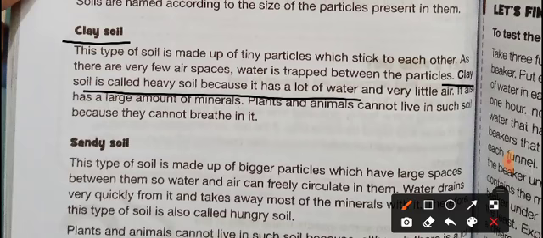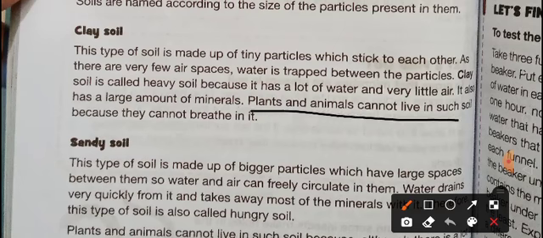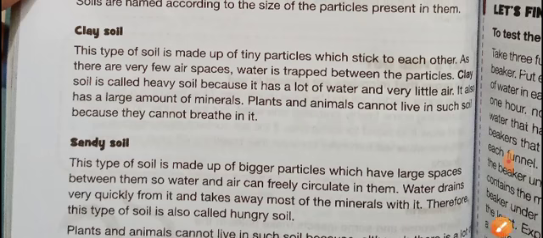Because the particles are very small, they stick together, so air cannot enter inside. It also has a large amount of minerals, but plants and animals cannot live in it because air will not go inside, they will not get oxygen, they cannot breathe. Because of all these reasons, plants and animals cannot live in clay.